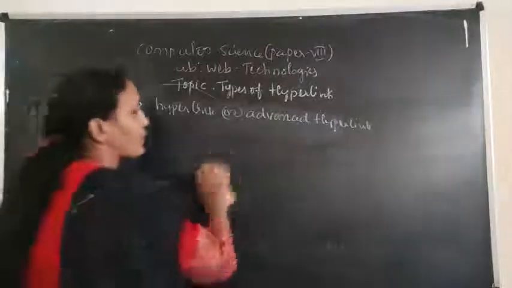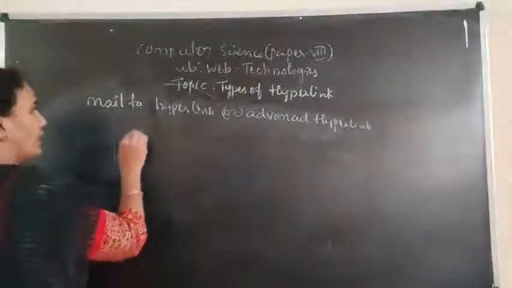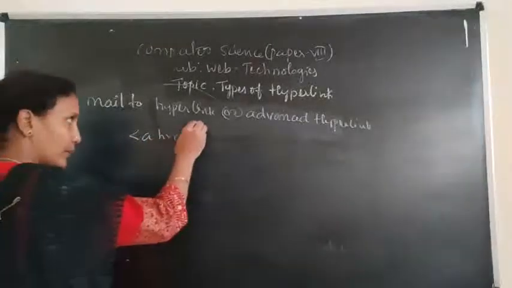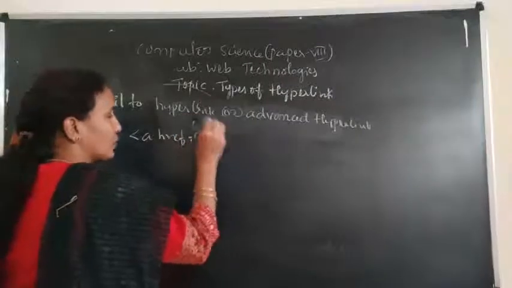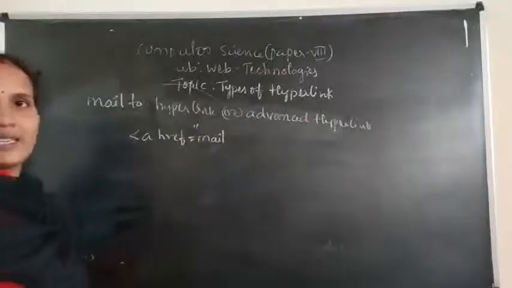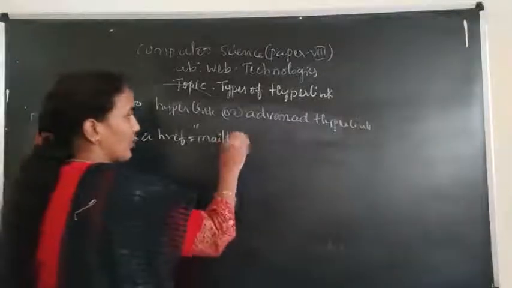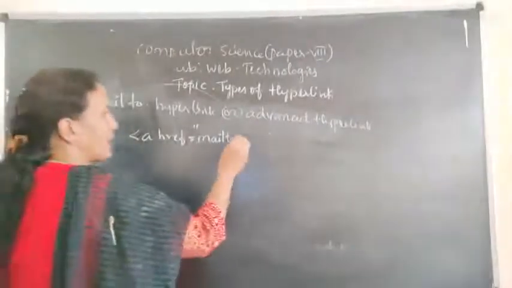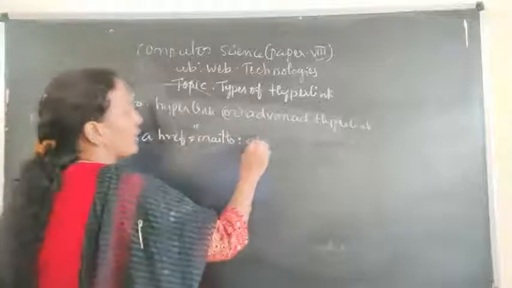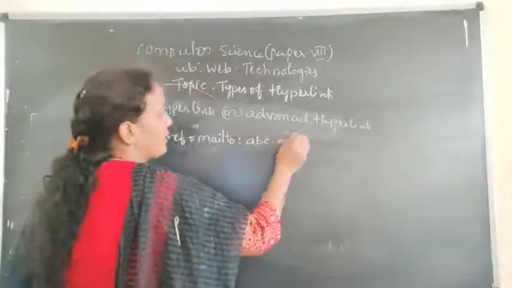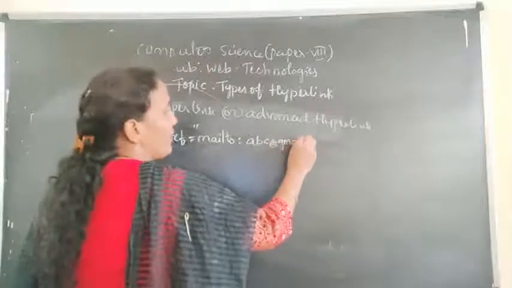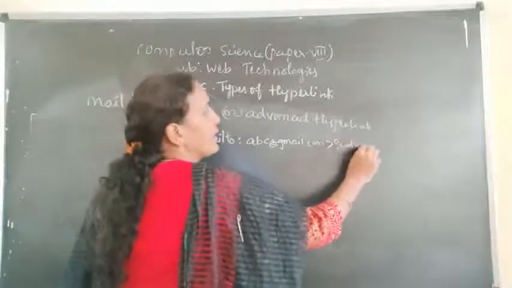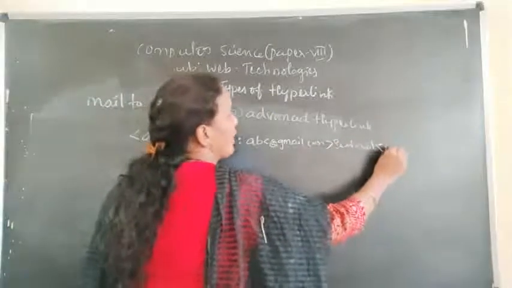See here: a href equals, in double quotes, mailto, which means a link to a particular mail ID starts with mailto, then a colon, and for example abc@gmail.com. Next, send mail. This is the hypertext, and close the anchor tag.